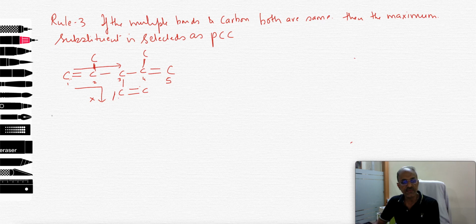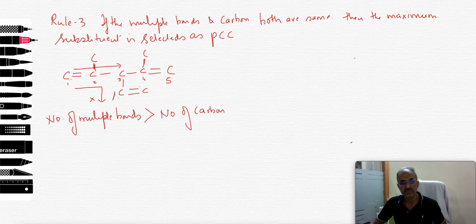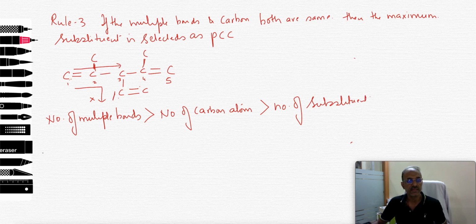Fine. Who is given the most preference? First, the number of multiple bonds is given the first preference. Then the number of carbon atoms. And then the number of substituents.